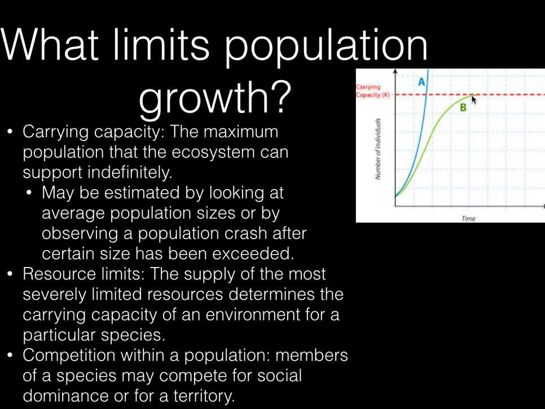So if we have a predator-prey relationship and we have a lot of predators growing, then our prey would be going down. As our prey goes down, our predators start to die and our predator count goes down. So then that enables the prey to start to grow and the cycle continues.